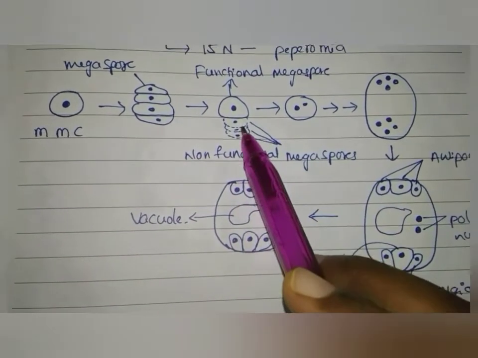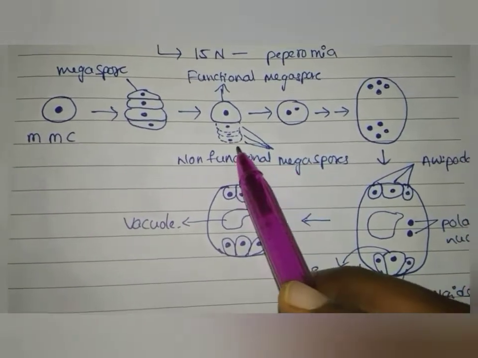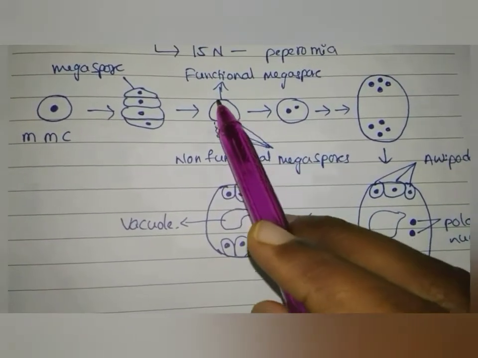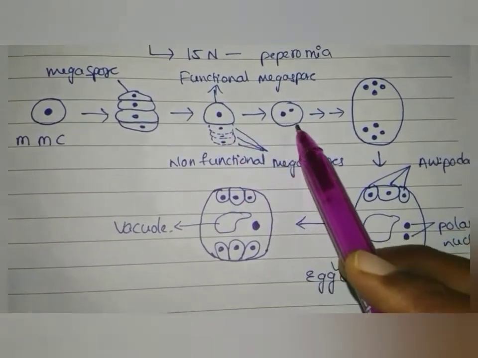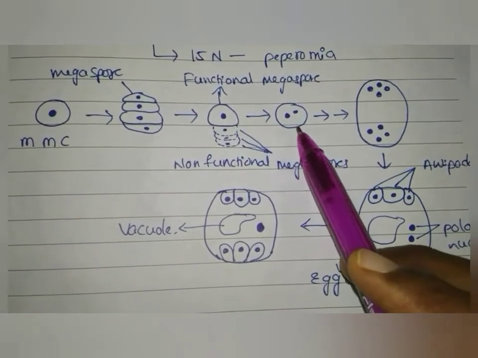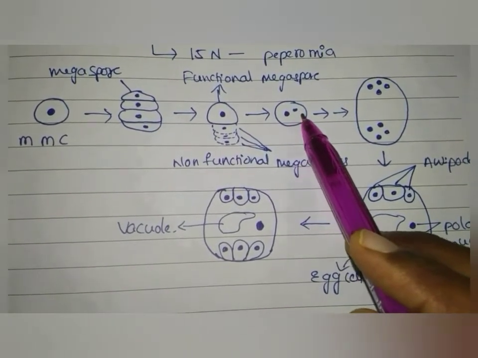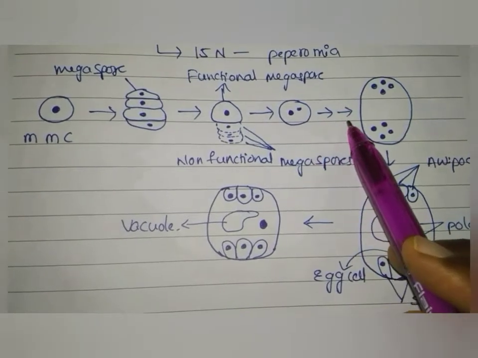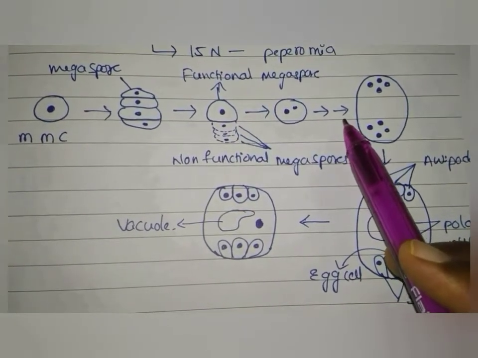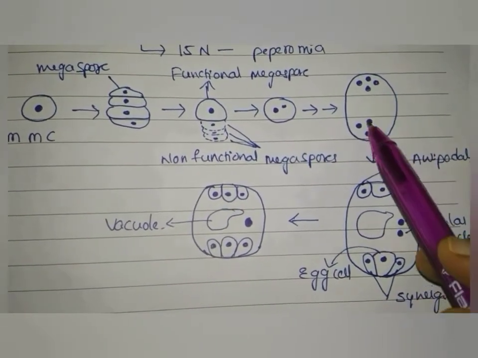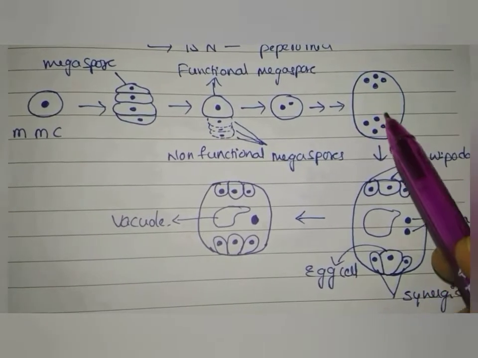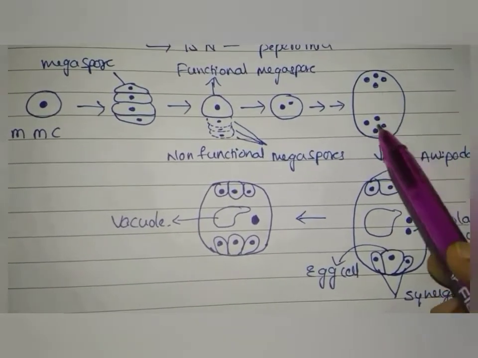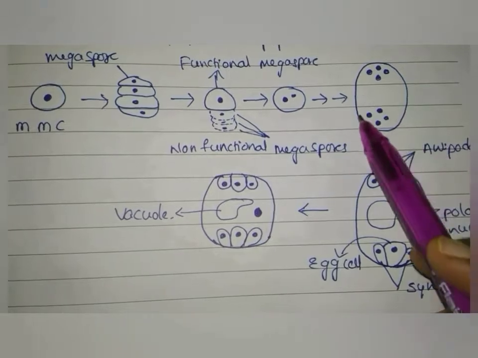These three undergo PCD, or programmed cell death. The one functional megaspore undergoes divisions to form two nuclei, which undergo two more rounds of mitotic divisions to form four at one pole and four at the other pole. A total of eight-nucleated embryo sac is formed here.